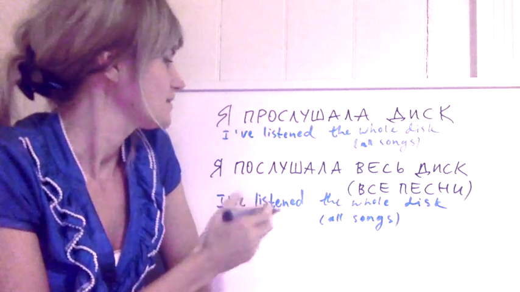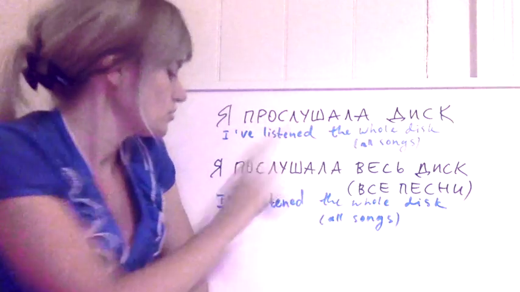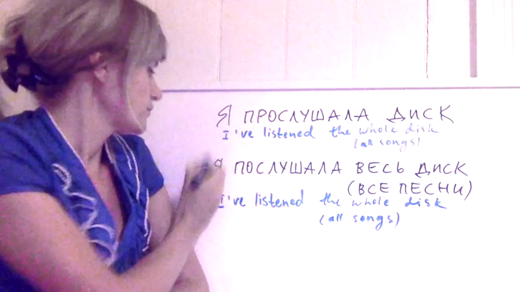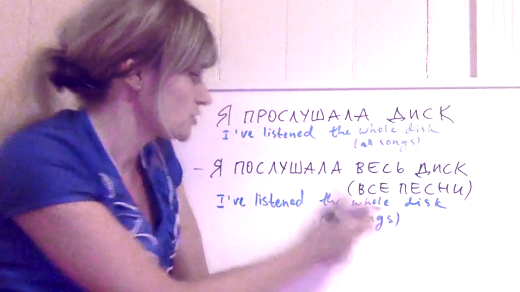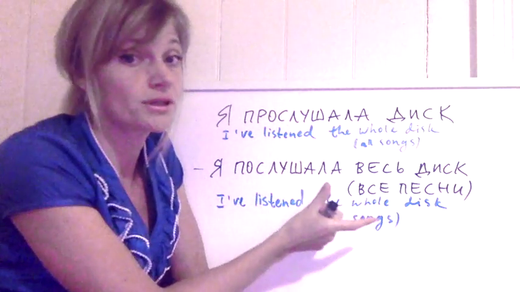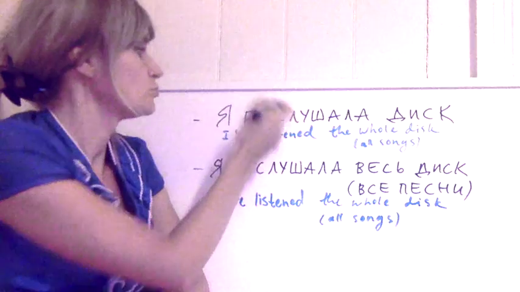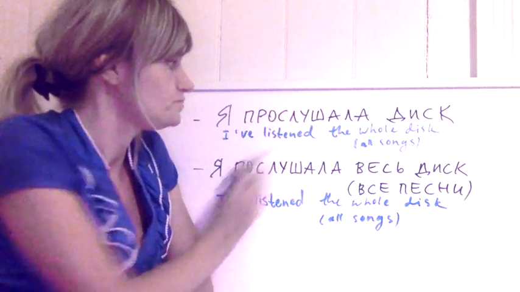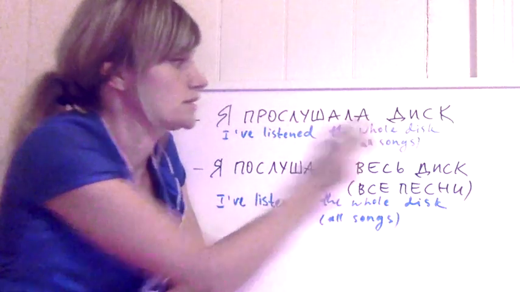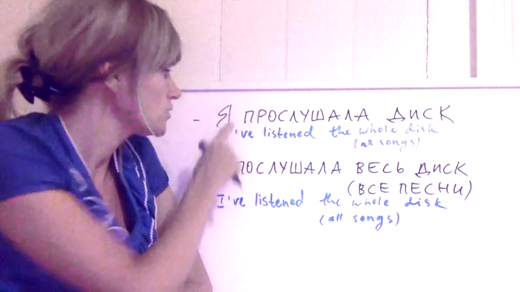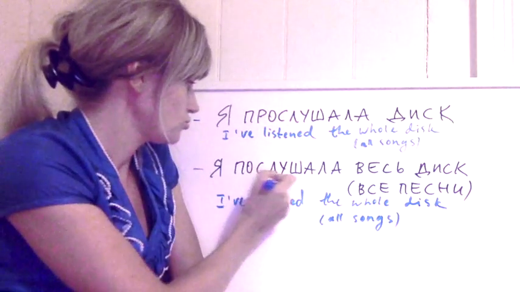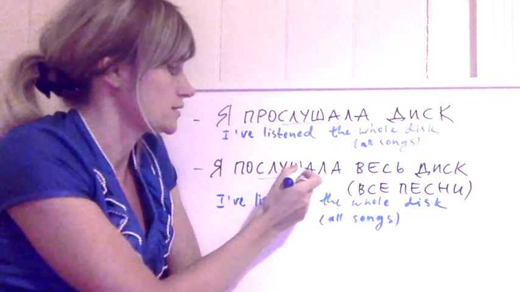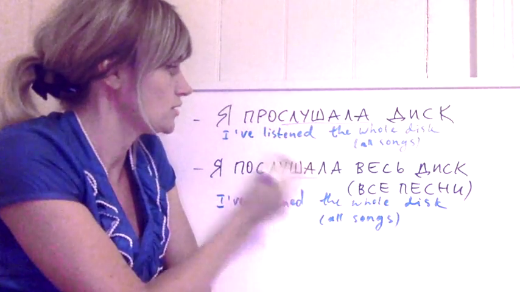Let's take, I've listened the whole disc all songs. And again, second one is the literal translation, every word separately. And the first one, it implies everything here. Я прослушала диск. Хорошо, let's take a look at the verb. Слушала. Listened. Girl, feminine gender.